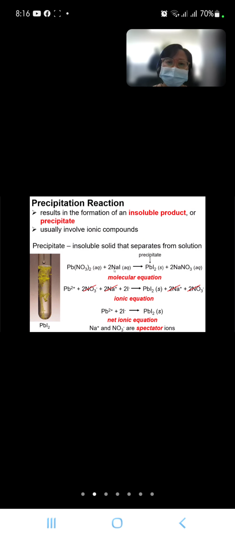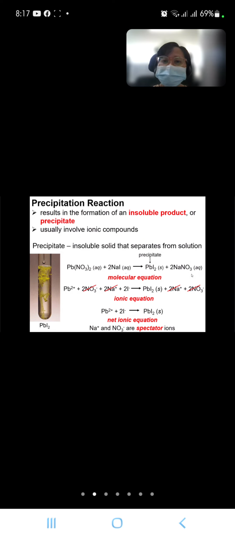And after mixing, they produce a solid substance. In this reaction, the solid substance that is formed is lead 2 iodide. As you can see, the subscript is S, which means that it is solid. Therefore, this is our precipitate. Another product is aqueous sodium nitrate, with the subscript AQ, because sodium nitrate is part of the solution.